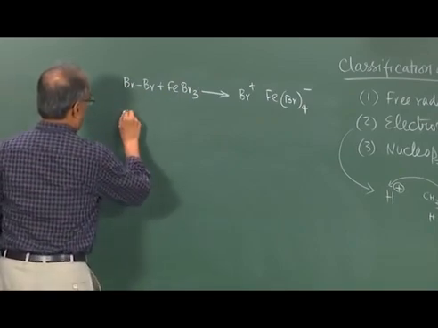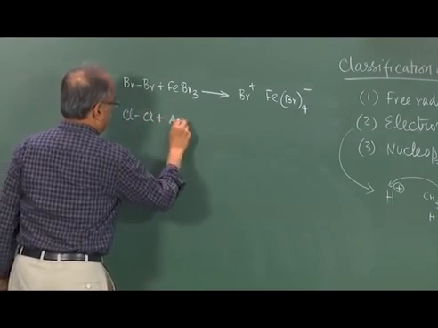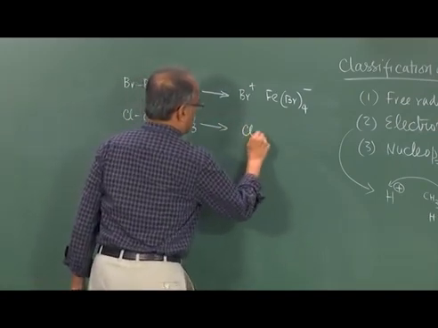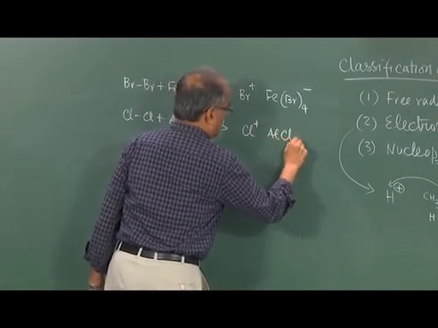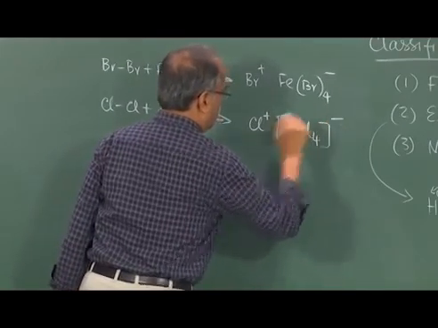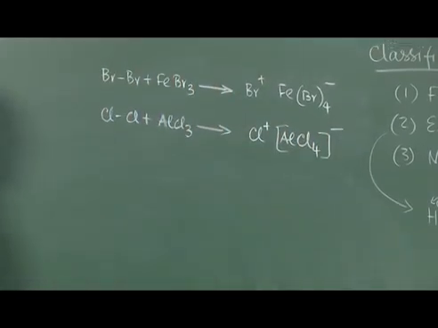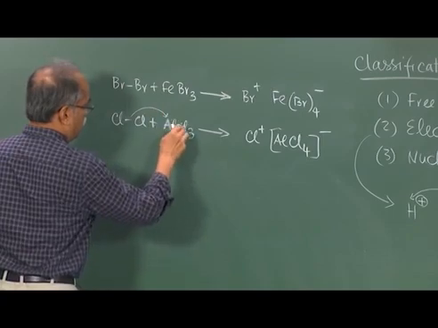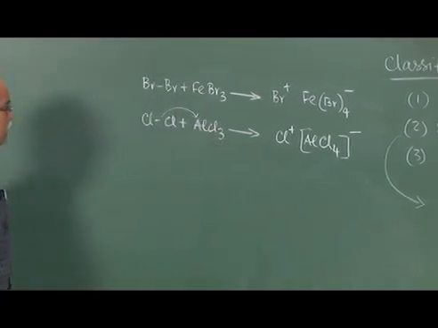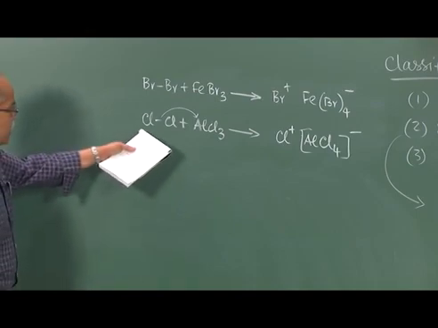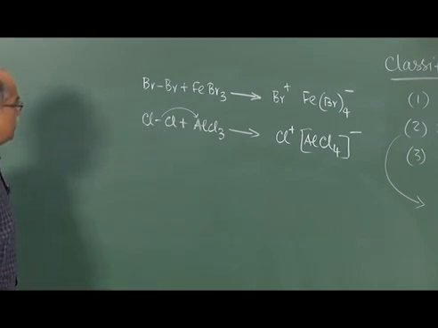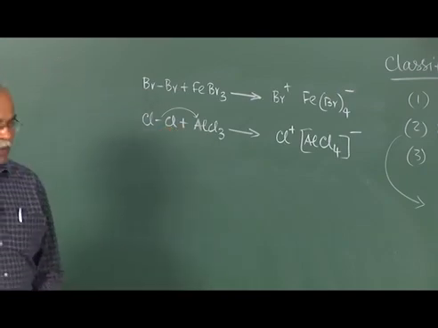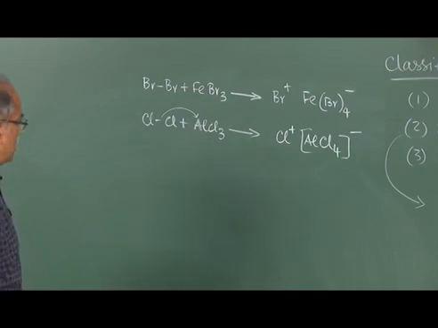You can take, for example, chlorine and react it with something like aluminum chloride. In the process, it produces chloronium tetrachloroaluminate. So, essentially the Lewis acidic nature of this reagent produces the corresponding electrophile by the heterolytic dissociation of the halogen-halogen bond, by the attachment of a halide ion onto the aluminum chloride or the ferric chloride as the reagent.